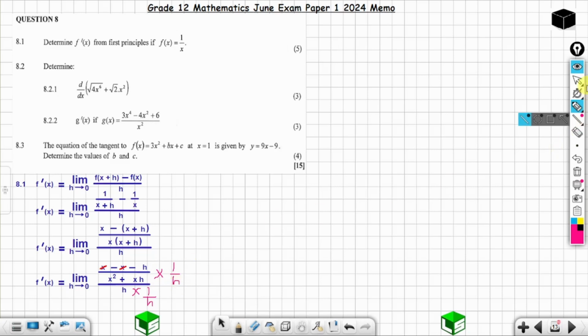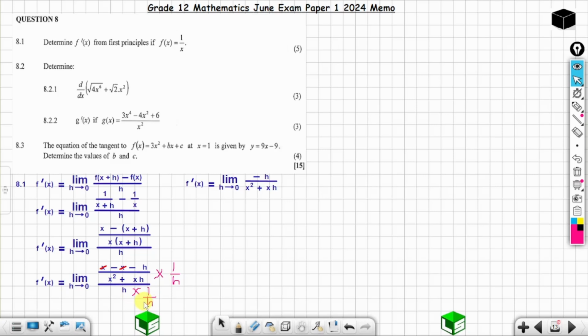So you have f prime of x is equal to the limit as h approaches 0. You have minus h. Okay, this is 0. So you have minus h over x squared plus xh. Okay, you have over 1.